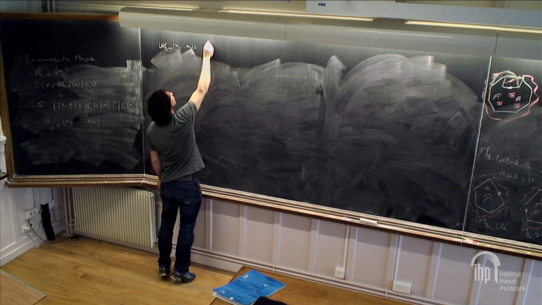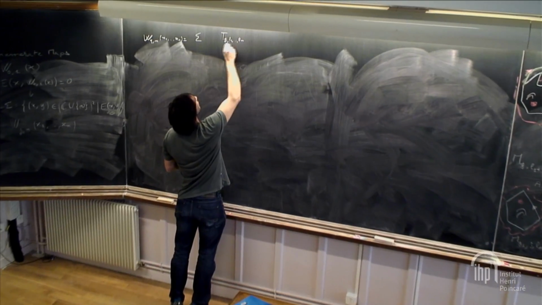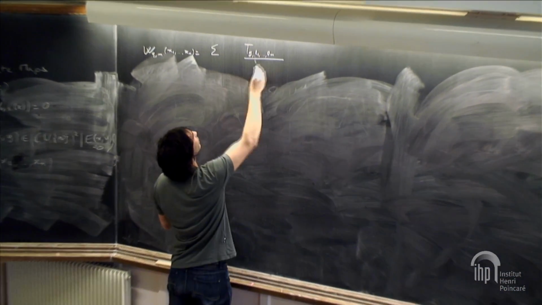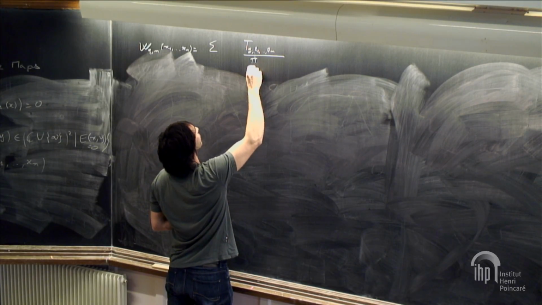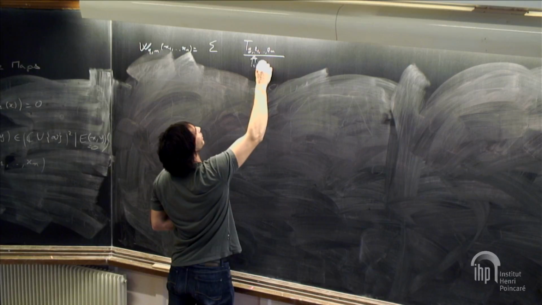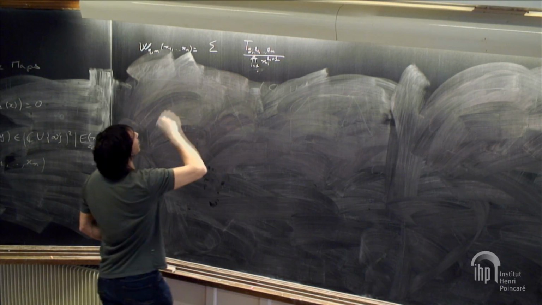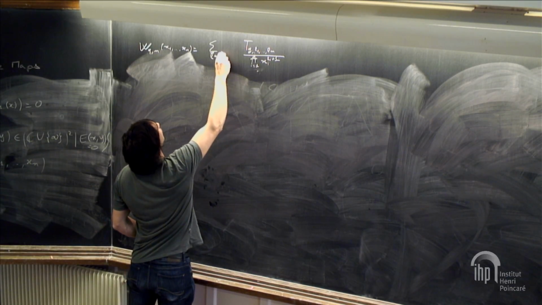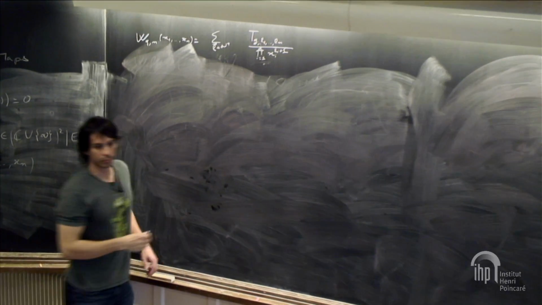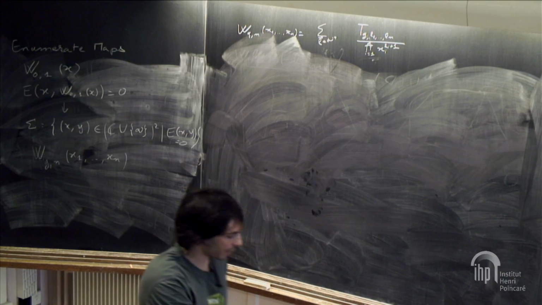This is equal to this: you take T g L1 to Ln, and whenever you've got Li, you multiply by 1 over xi to the power Li plus 1, and you sum over L in N to the power n. So I'm just building a generating series for that.